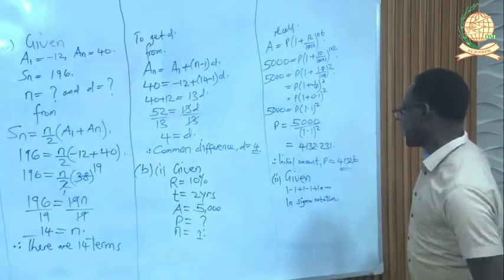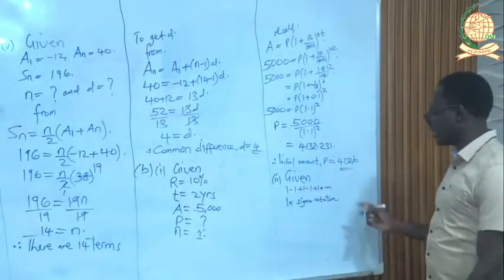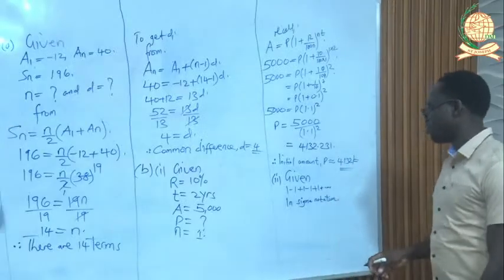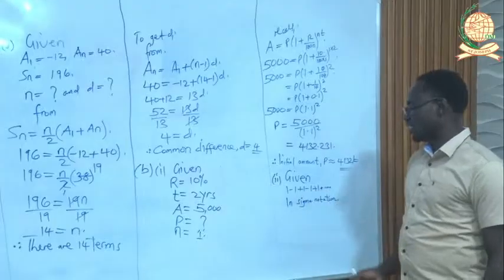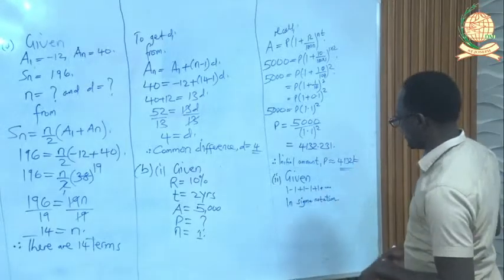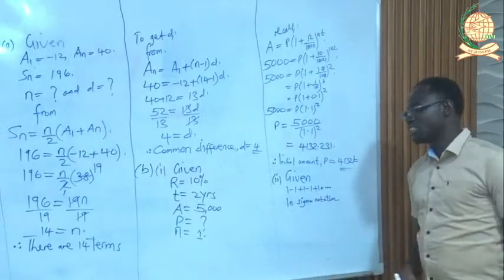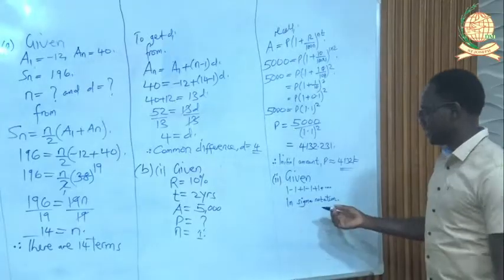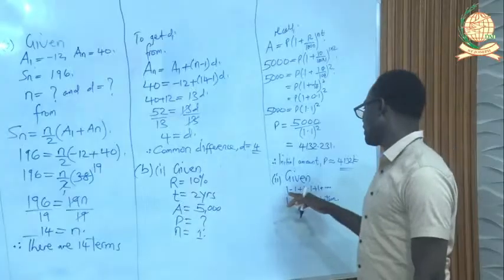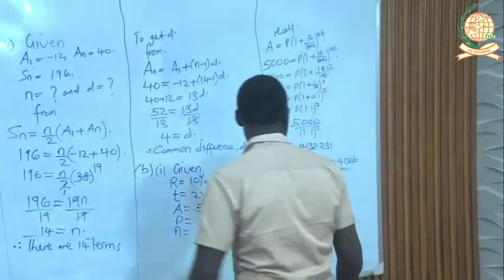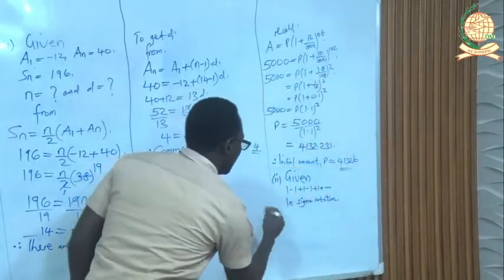To do this, first check if the series is either a geometric progression or an arithmetic progression. A geometric progression has a common ratio, but an arithmetic progression has a common difference. So check whether from this series you will have a common ratio or common difference.